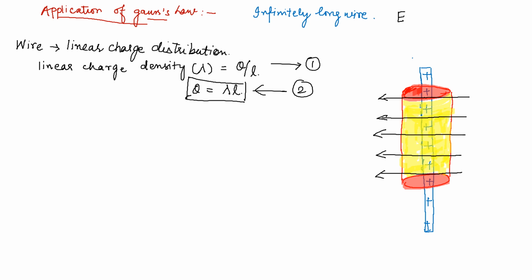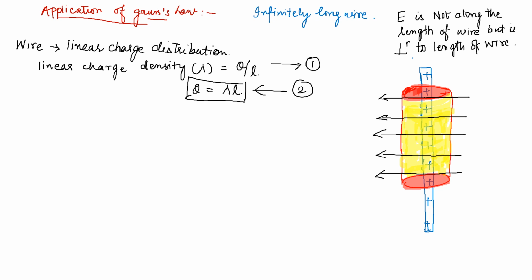E is not along the length of wire but is perpendicular to length of wire. You can see the length of wire is in this direction, whereas electric field is in this direction.